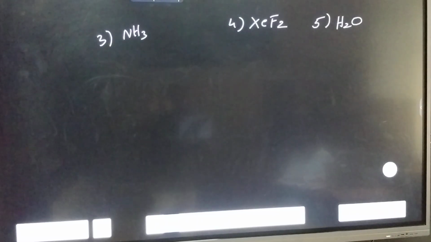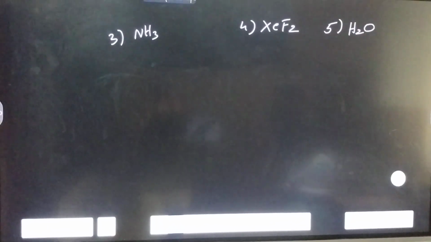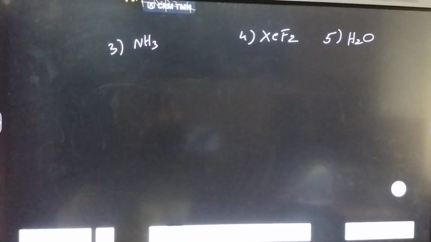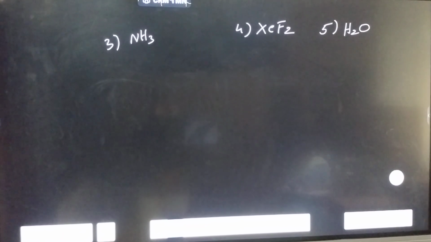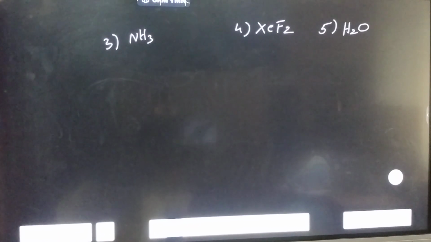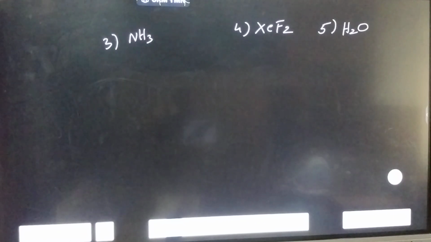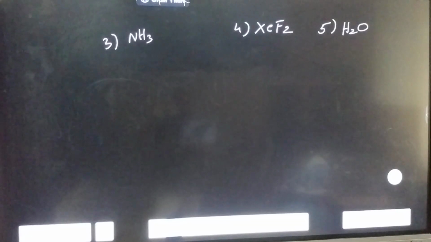Ritika, what is the answer? Pranavi, for NH3, what is the hybridization value? Pranavi, answer for NH3.